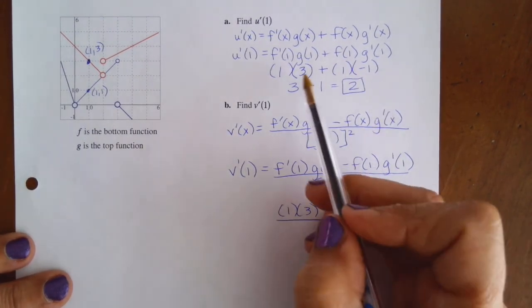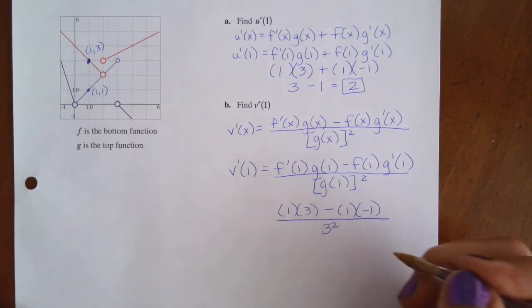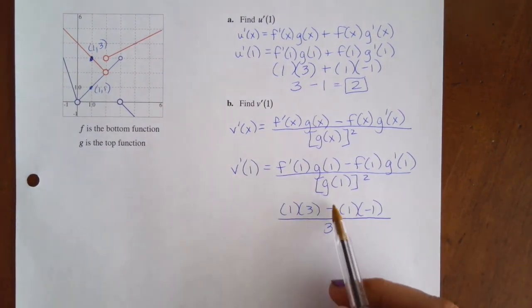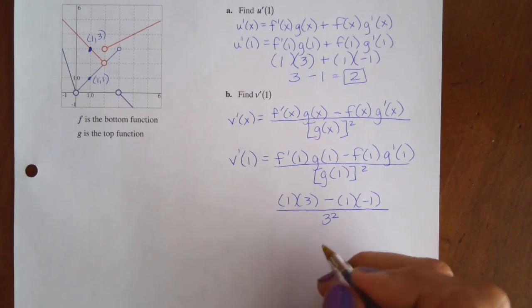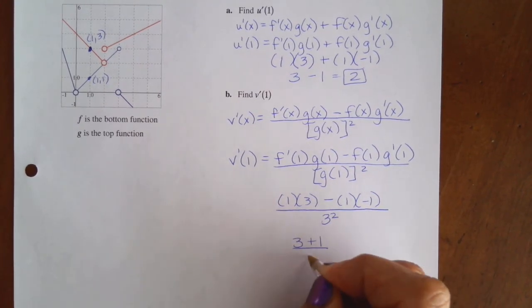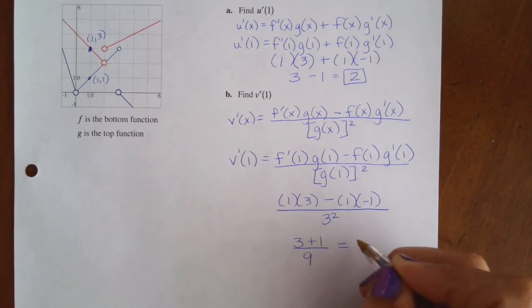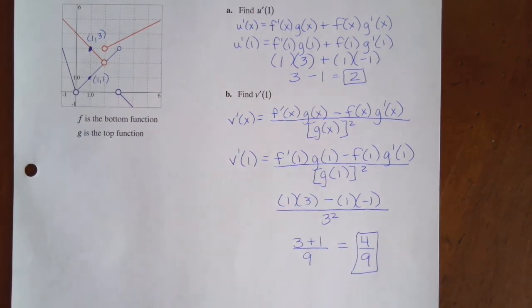Okay, remember g of 1 is 3. So over 3 squared. Also there's a minus sign there, so we've got to watch that. Okay, so now in the numerator, I have 3 times 1, and then this is going to be plus 1 over 9. 3 squared is 9, so we end up with 4/9.